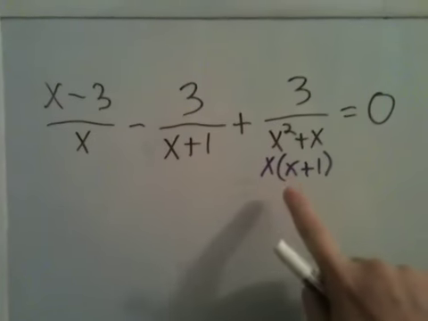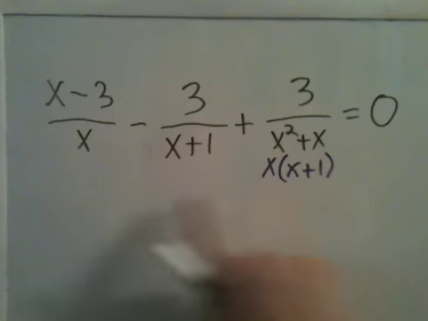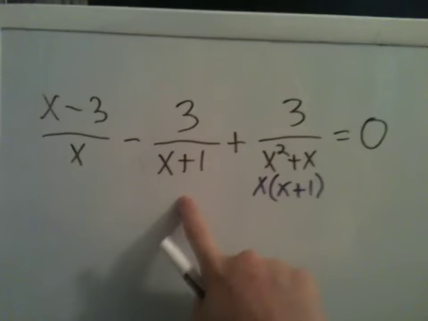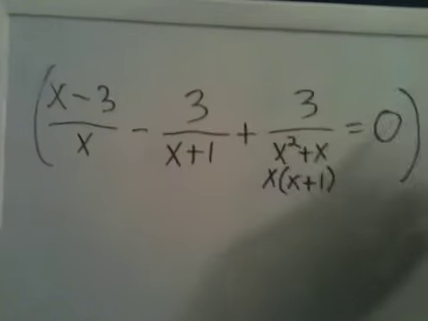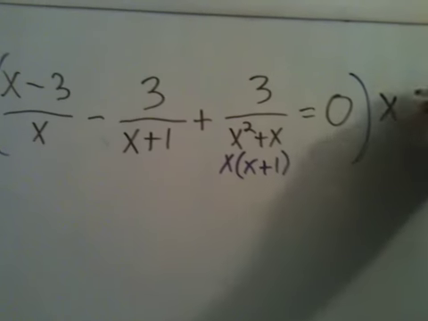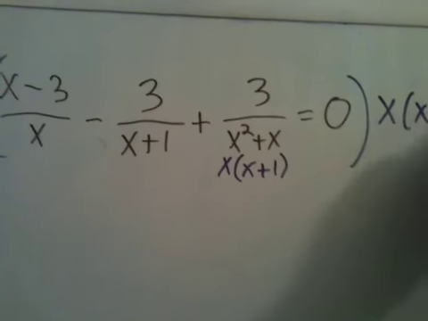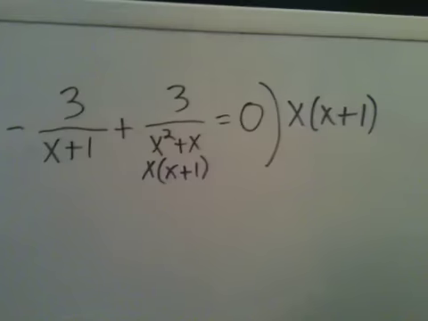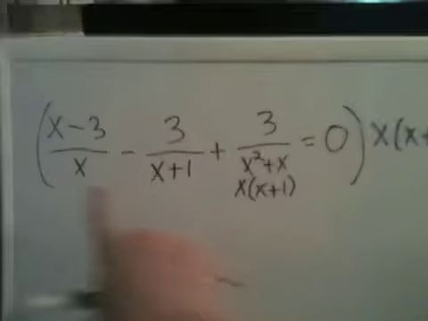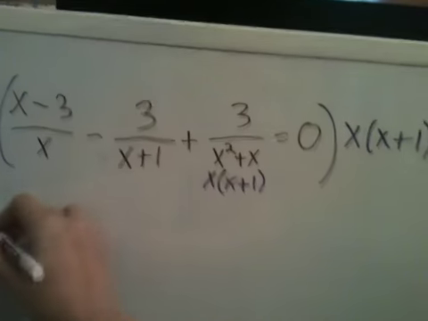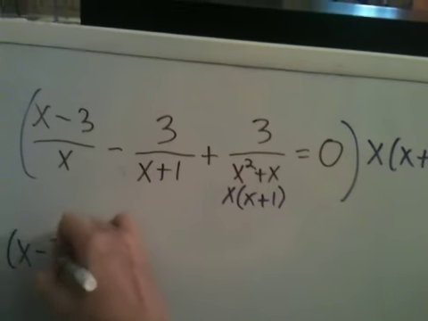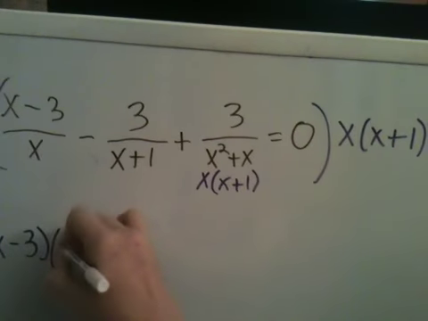My common denominator is this because it has an x and it has an x plus 1 and it has the x squared plus x that this one has. So we're going to multiply our fraction by x times x plus 1. So for my very first fraction, the x's cancel out and I'm really just multiplying my numerator, x minus 3, by x plus 1.